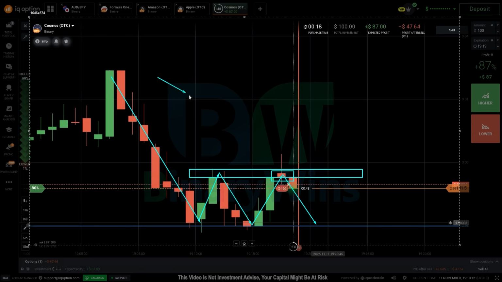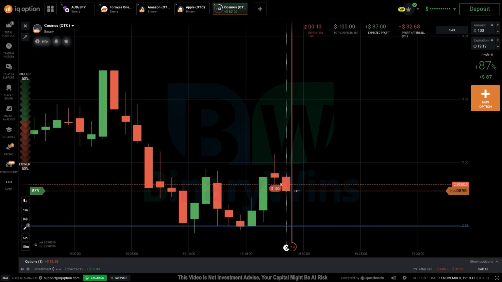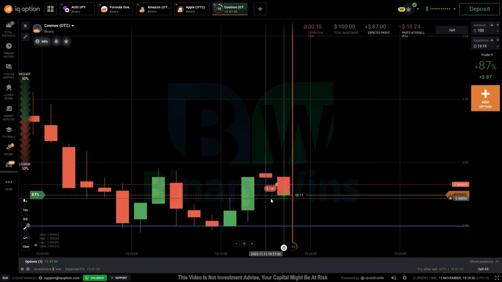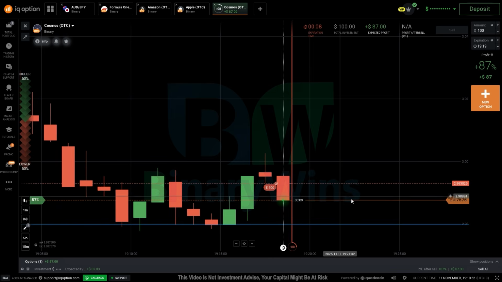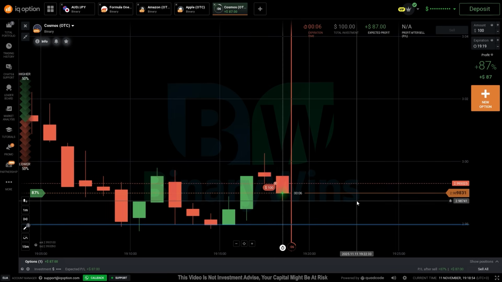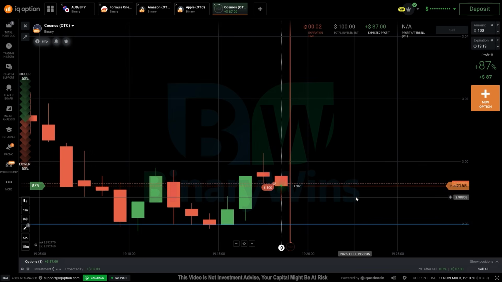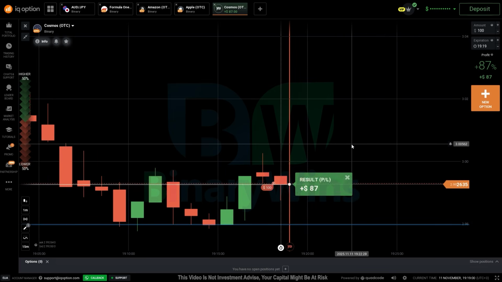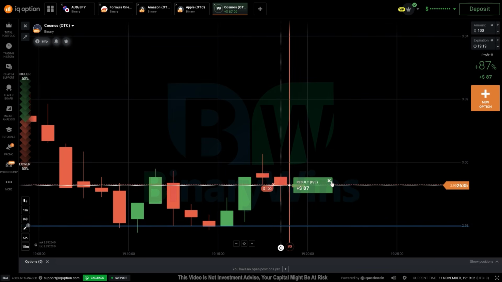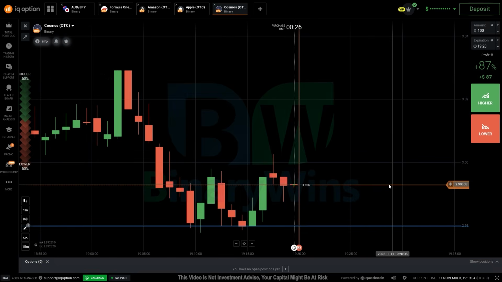Our trend is a downtrend, so there is a possibility of a continuation of the downtrend and a red candle. It's just that my entry point is not a good entry point. Okay, that's good.